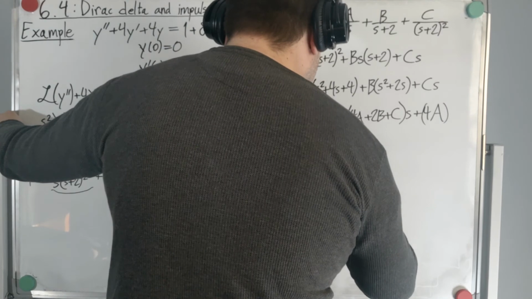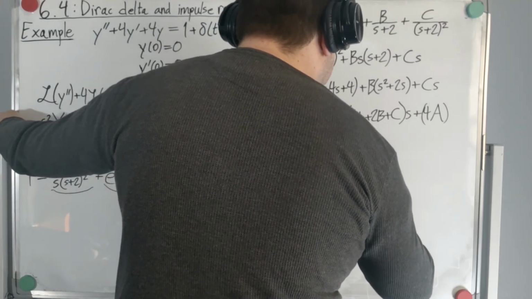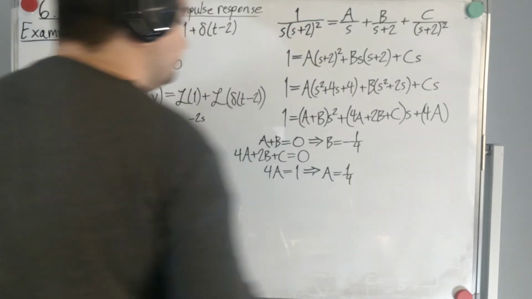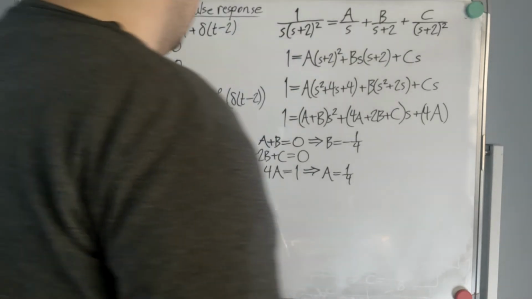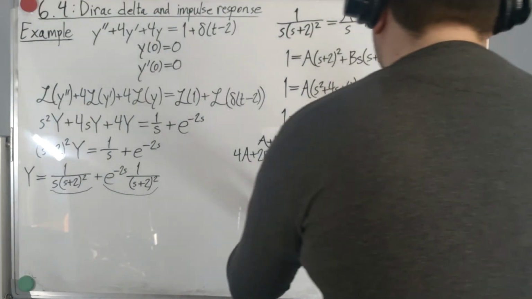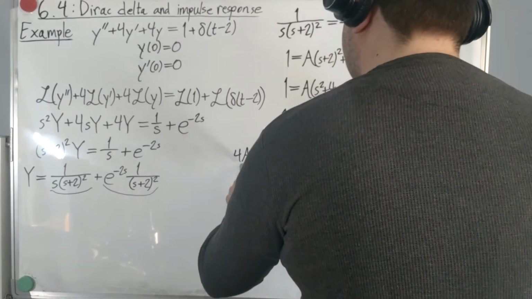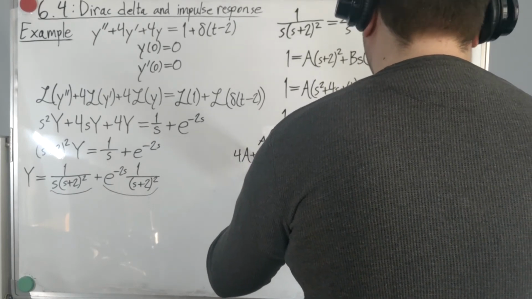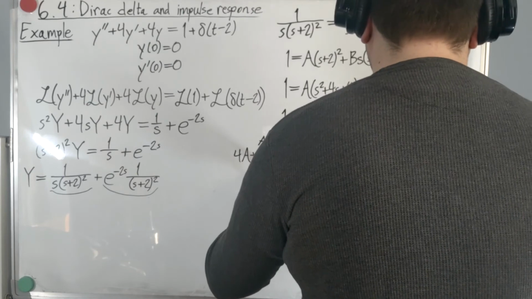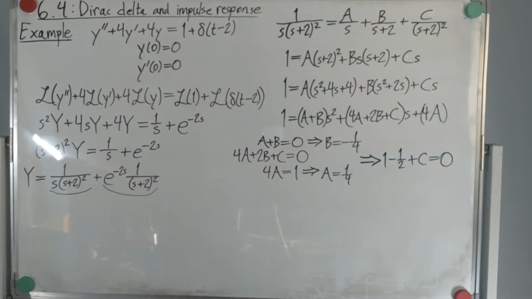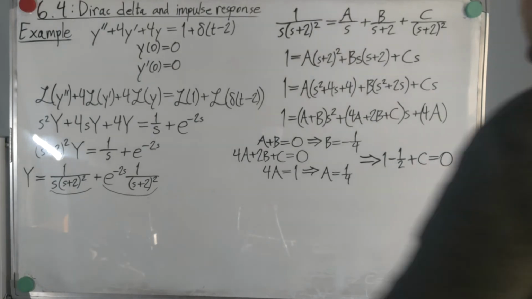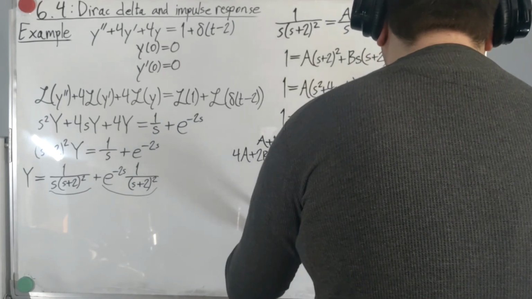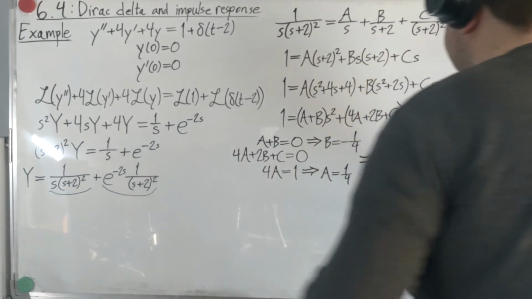In that case, A is going to have to be 1/4, B is going to have to be negative 1/4. That means that this second equation becomes, let's see, 4 times 1/4 is 1, then minus 2 times 1/4 is minus 1/2, plus C equals 0. 1 minus 1/2 is, of course, 1/2, so therefore C equals negative 1/2.